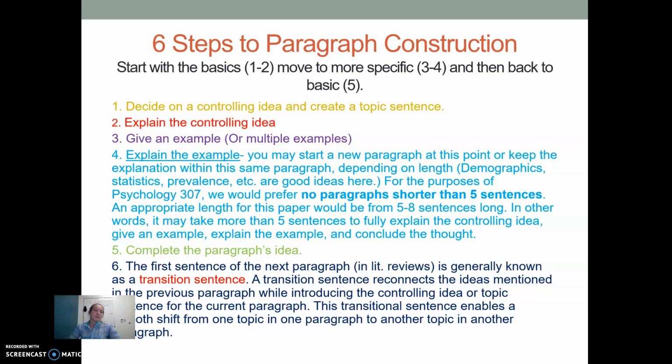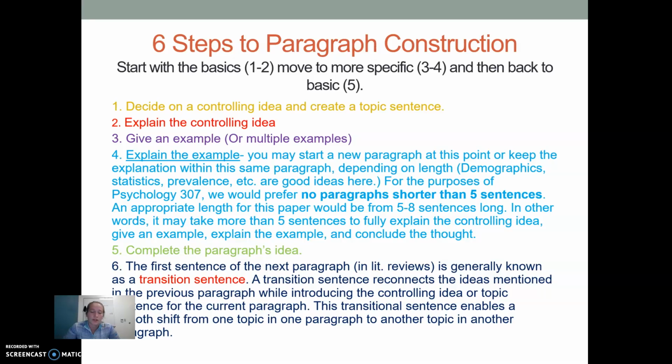So the first step is to decide on a controlling idea and create a topic sentence. Next, explain the controlling idea. Third, give an example or multiple examples. Fourth, explain the example. This is really important. You can use more than just 1 or 2 sentences on this if you need.